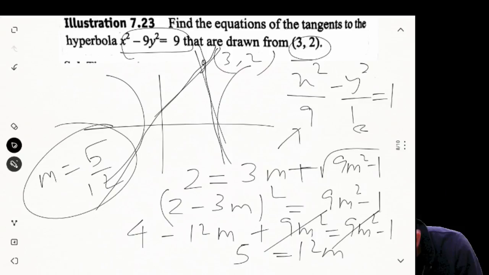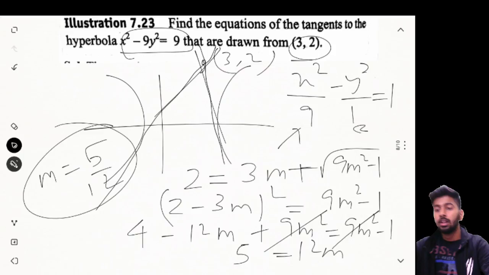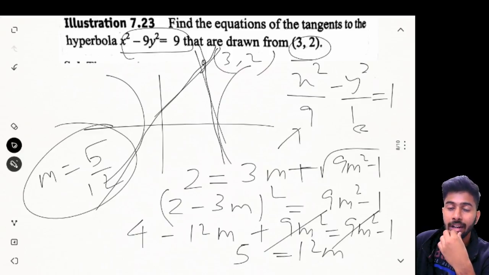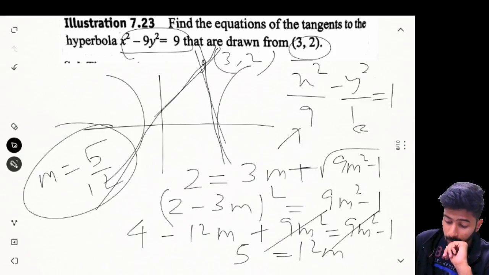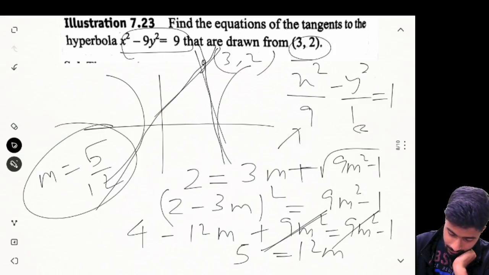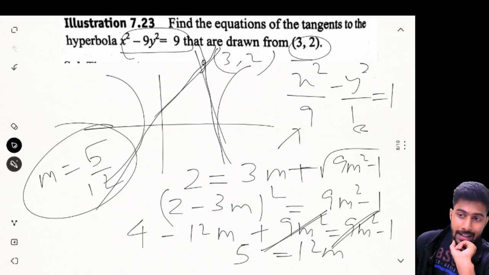So this is one of the tangents. Now this question will actually teach you one more thing, which is nowhere related to geometry, but mathematics in general. Why was I able to cancel the 9m square? How did I cancel these?